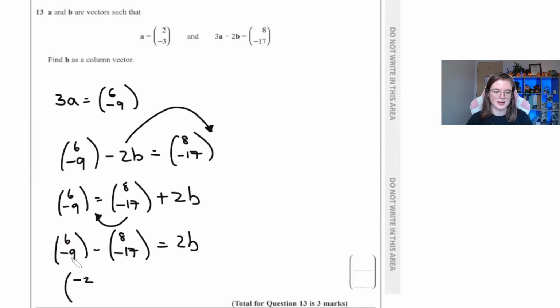And then minus 9 minus 17, what is that? That is 8, because I'm just adding them, because it's minus minus, therefore plus. That is equal to 2B. If 2 lots of B are (-2, 8), one lot of B is half of this. If we divide both numbers by 2, we get (-1, 4). And that is your answer. And that is 3 marks.